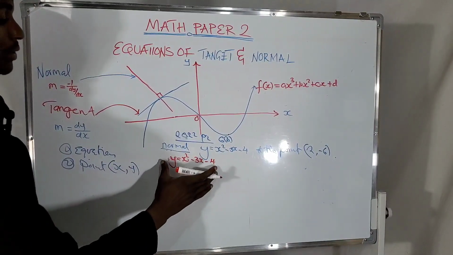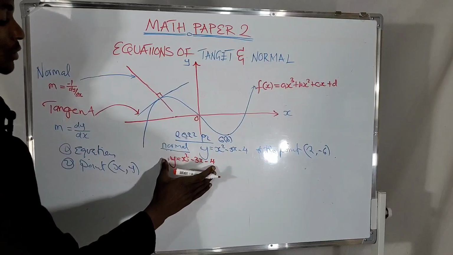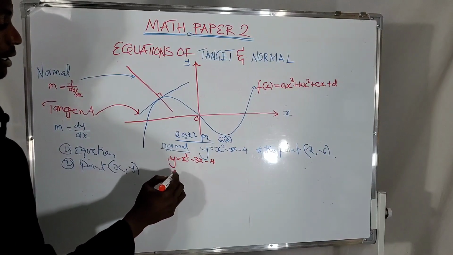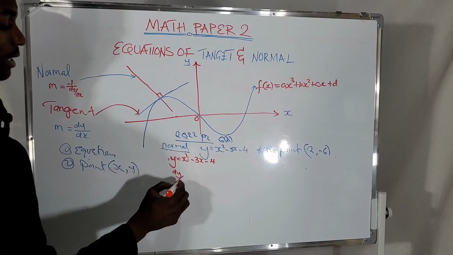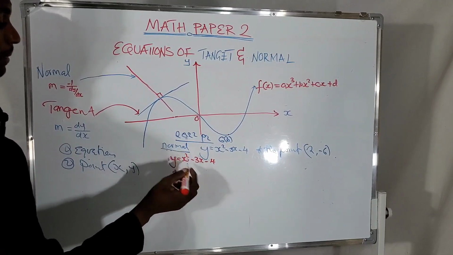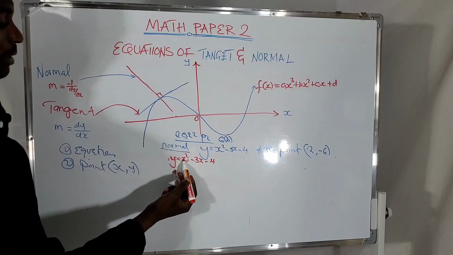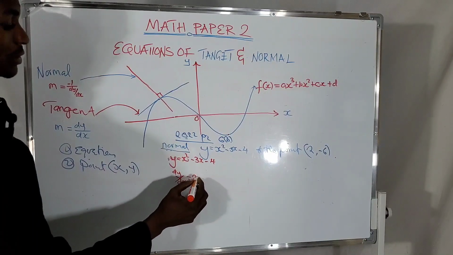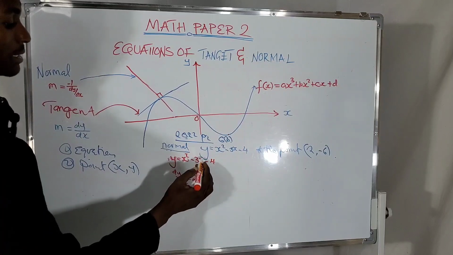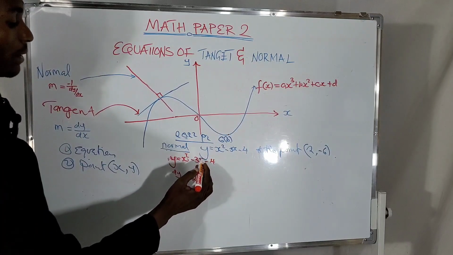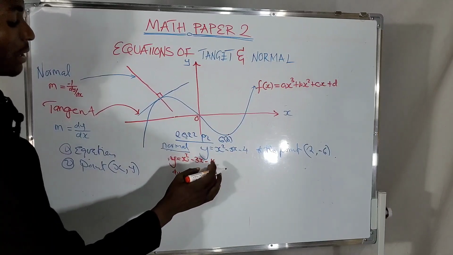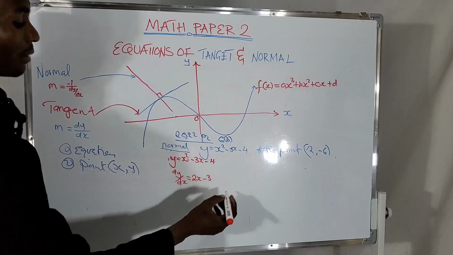We find the derivative. dy/dx equals the coefficient multiplied by the power, which is 2x. 2 minus 1 is just x. Then minus 3, since the power is 1 and 1 times 3 is just 3. Then the derivative of a constant number is 0.